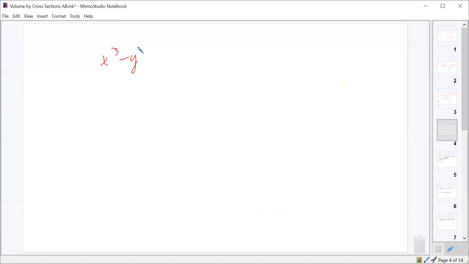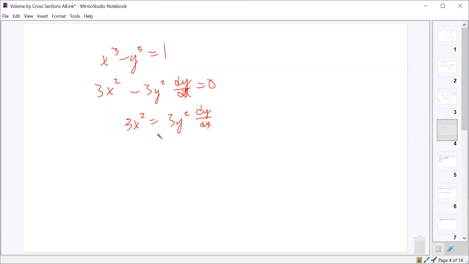So let's do this x cubed minus y cubed equals 1 to start with. So that just becomes 3x squared minus 3y squared dy dx equals 0. And if we're solving for dy dx, we should get 3x squared equals 3y squared dy dx.